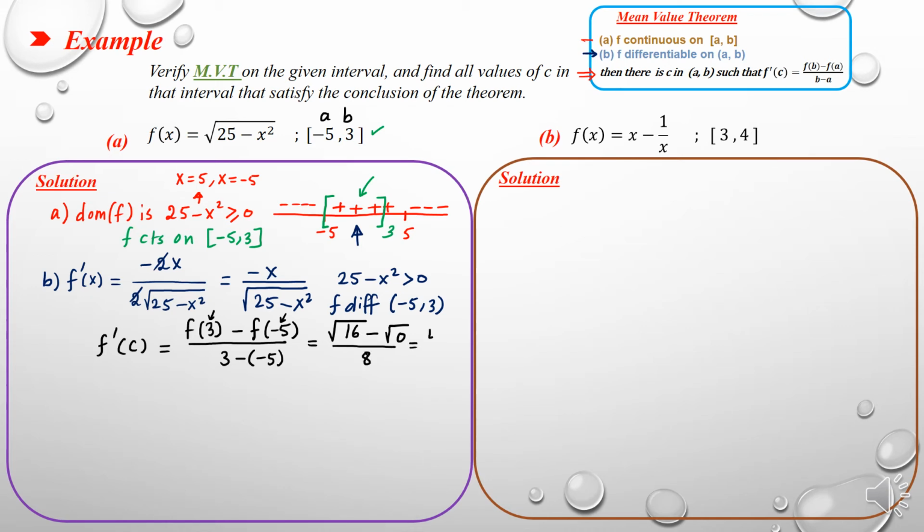So we have 4 over 8, which is half. So there exists C such that f prime of C equals 1 over 2.